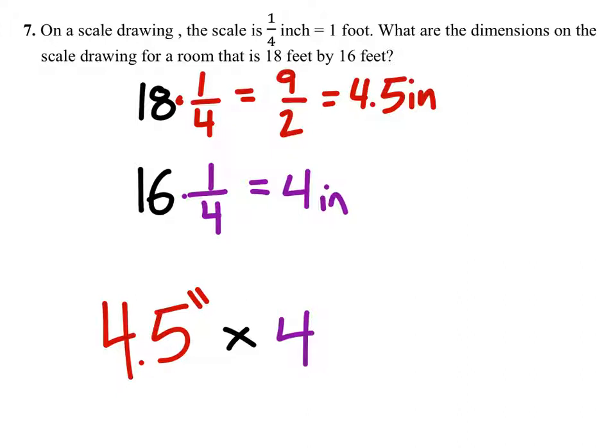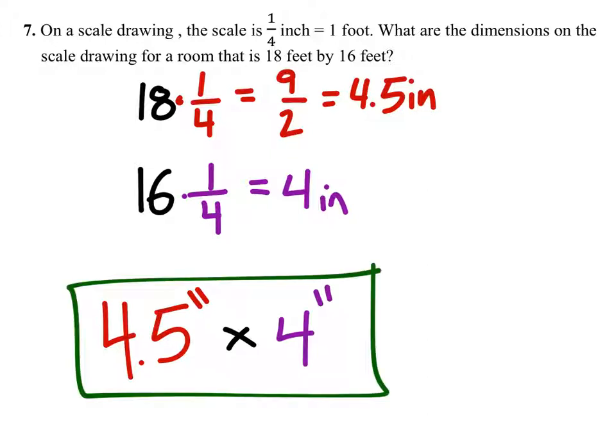So it's a 4.5 inch by 4 inch scale drawing. On this one, if you were just to take 18 and divide it by 4, you'd get the same answer as multiplying by 1/4. So I don't care which of those you do, because they mean the same thing.